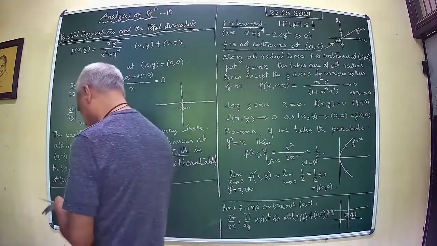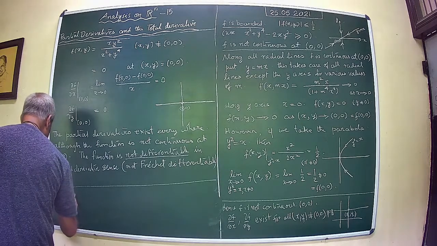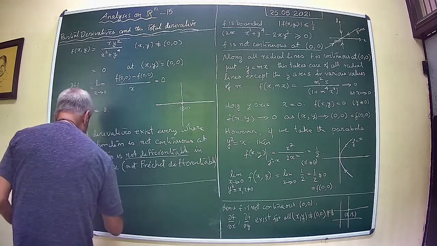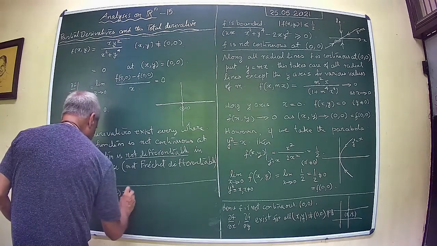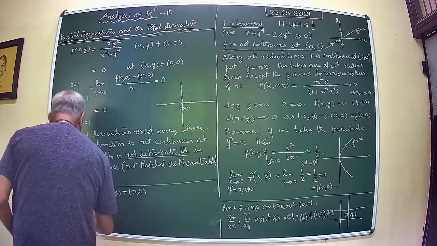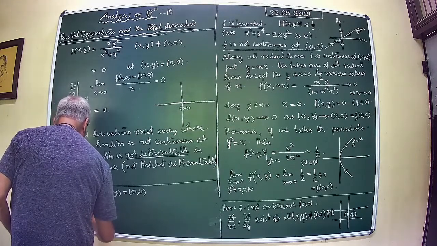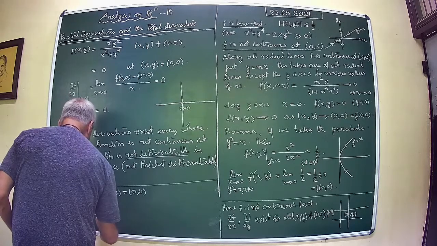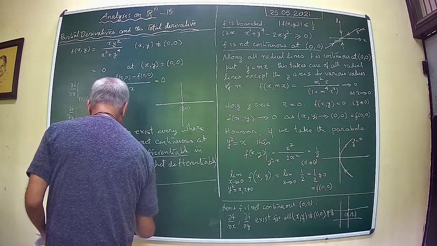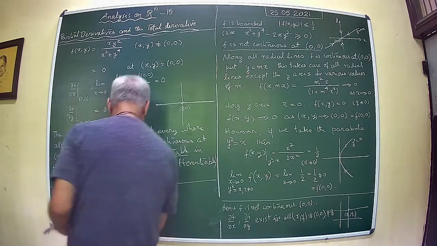Now we look at this one. The second example is g(x, y) equal to 0 at (0, 0), and equal to x y square divided by x squared plus y to the power 6, for (x, y) not equal to (0, 0).